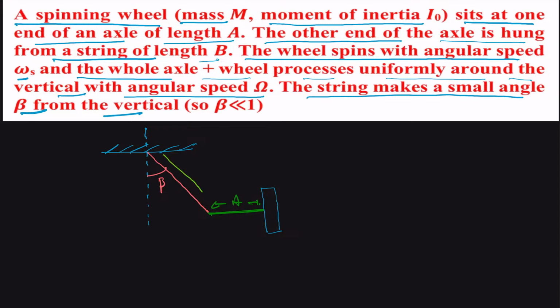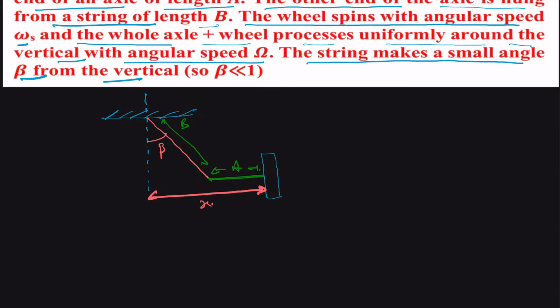Let us assume that the distance between the vertical and the wheel is x, and there will be two forces majorly. One will be mg, acting downward at our axle, and the other one will be our tension T.